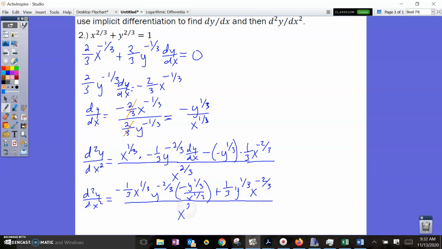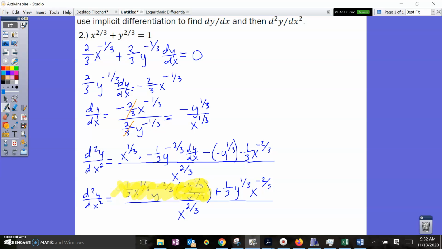All that over x to the 2/3. Now I'm going to do some simplification here. First I'm going to focus on this first term and combining the x's and y's.